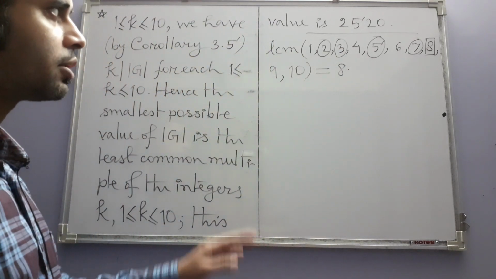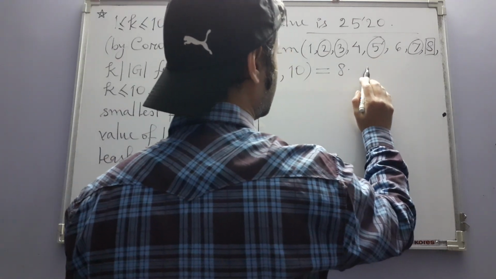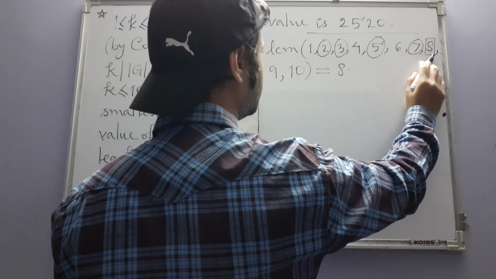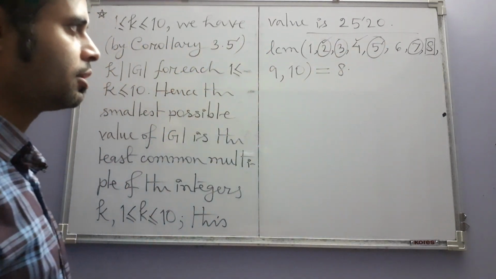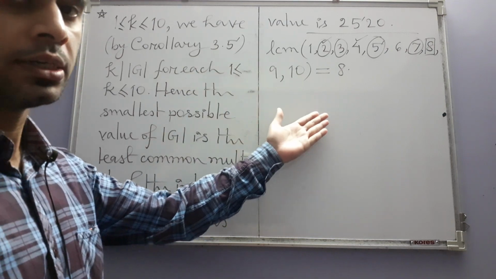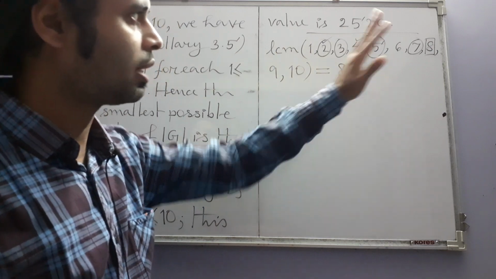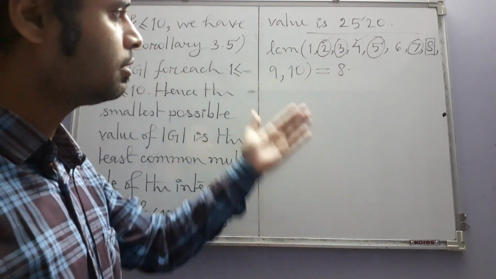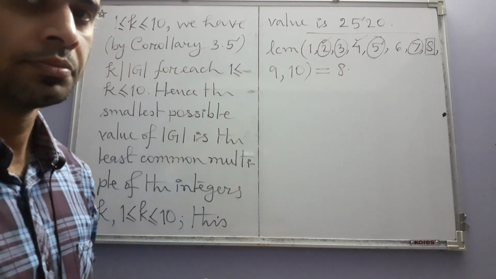That's the contribution of 2 to the LCM. And once you take 8, you do not have to think of the lower powers 2 and 4, because they already divide 8. 8 is in fact the least common multiple of 2, 4 and 8.